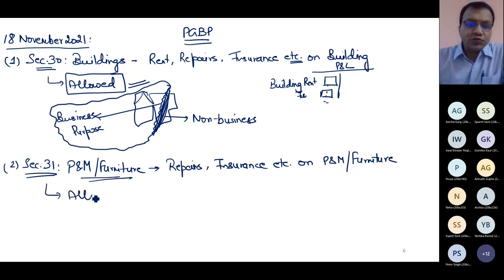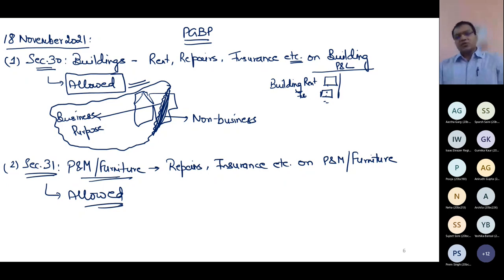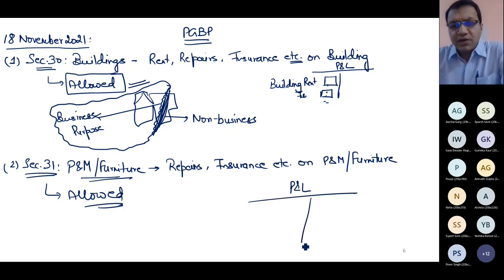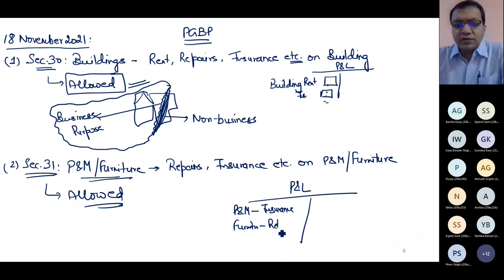Under section 31, any repair, insurance, etc. related to plant and machinery or furniture is allowed as deduction without any condition involved. In the P&L account, plant and machinery insurance is allowed, there is no problem. Furniture repairing expenditure is allowed, there is no problem.